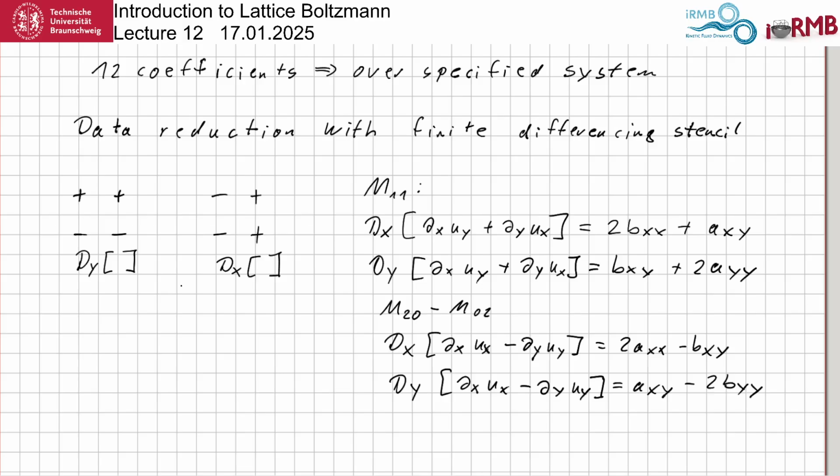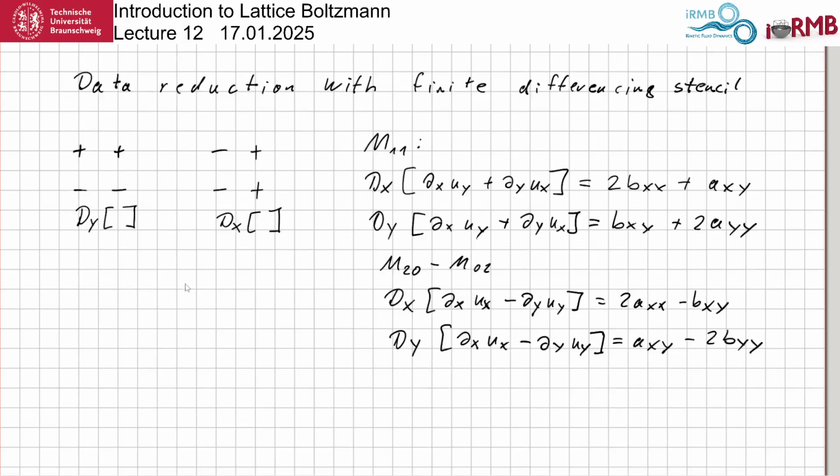So with this additional information, we are able to determine all the coefficients, because all the other information comes from just interpolating the velocity itself.